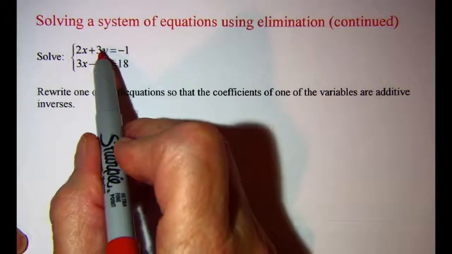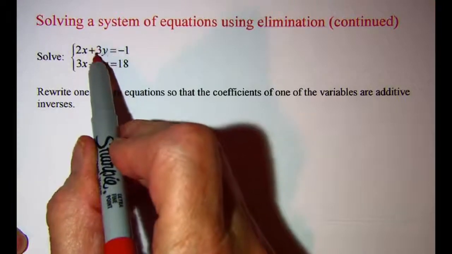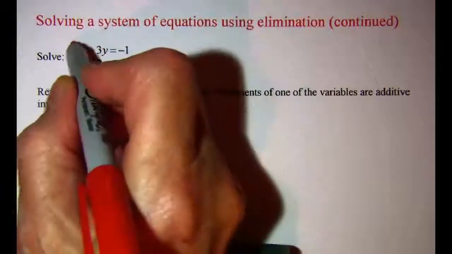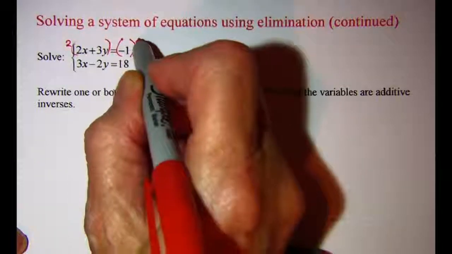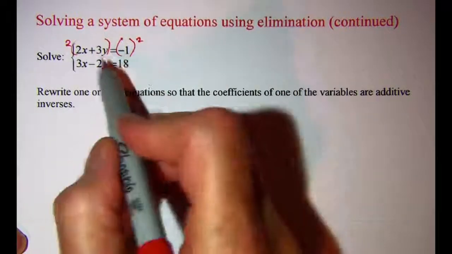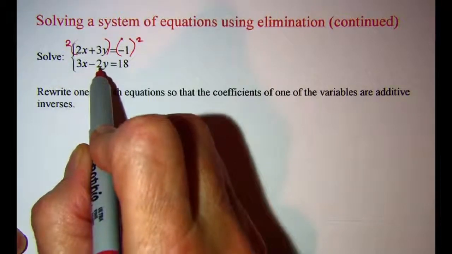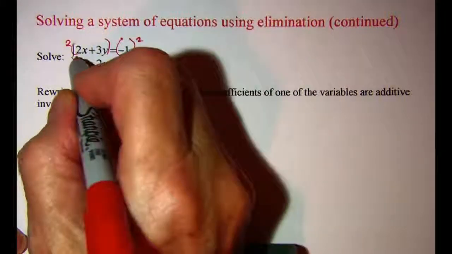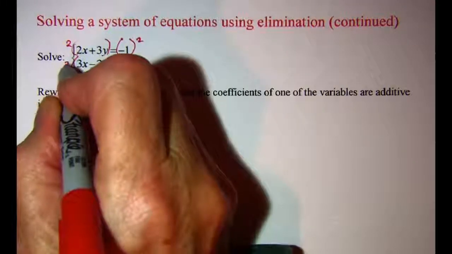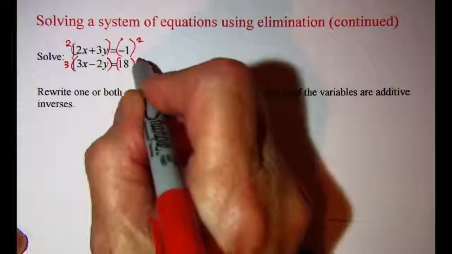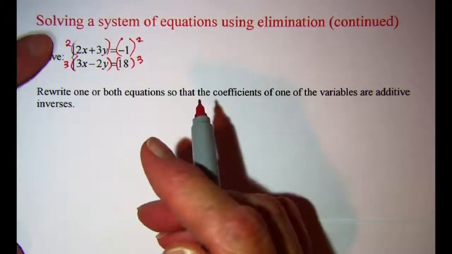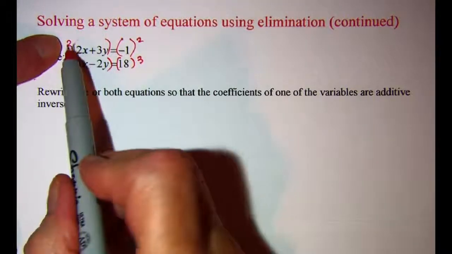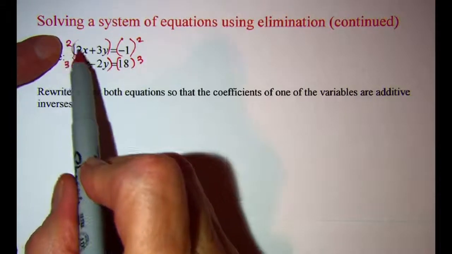So to get a 6 on this first y term, I need to multiply by 2. And then to get a 6 on this y term, I need to multiply by 3. Remember, you multiply both sides. Let's rewrite this equation with the 2 multiplied through.